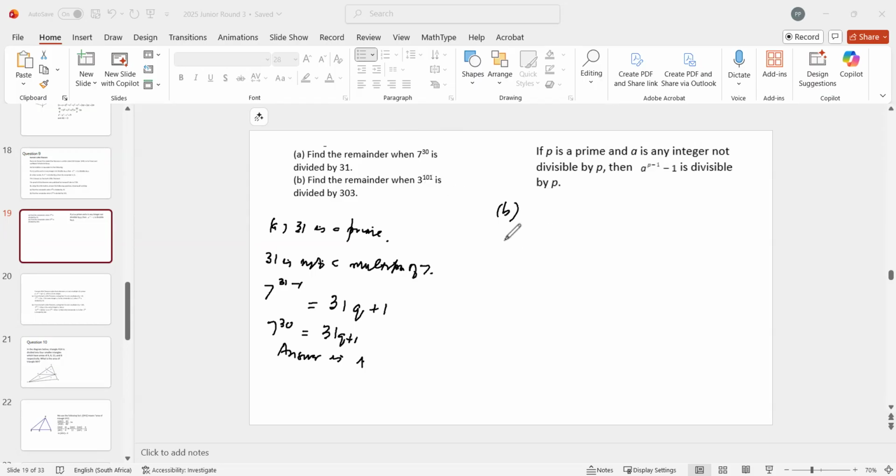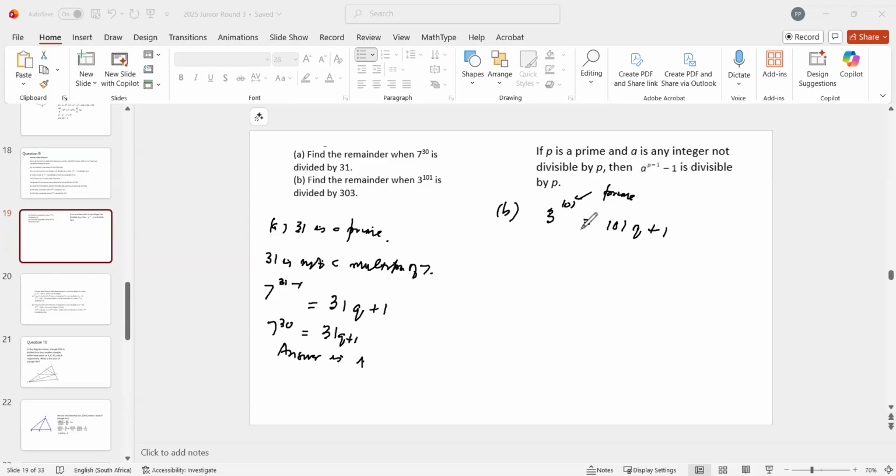And if you think about it, these are all the same thing. So if you look at this one here, you've got find the remainder when 3 to the power of 101 is divided by 303. So here, again, if you take 3, 101 is a prime, and 3 is not a multiple of 101, obviously. So according to what we have been saying here, this is equal to 101 times the quotient plus 1.